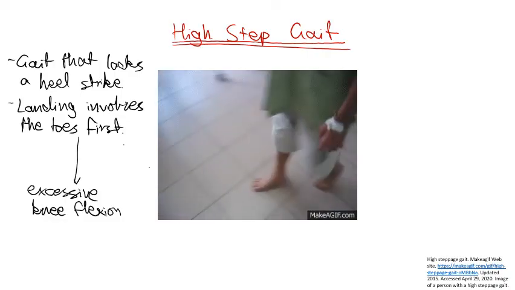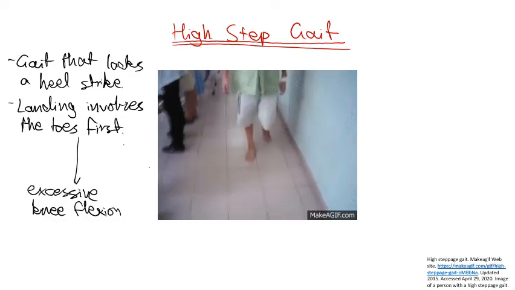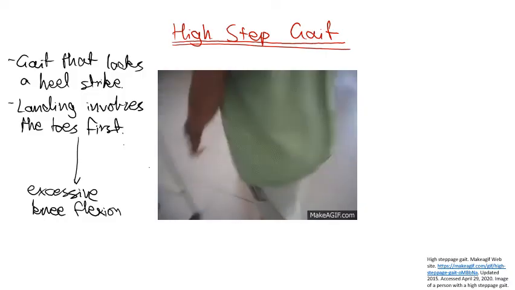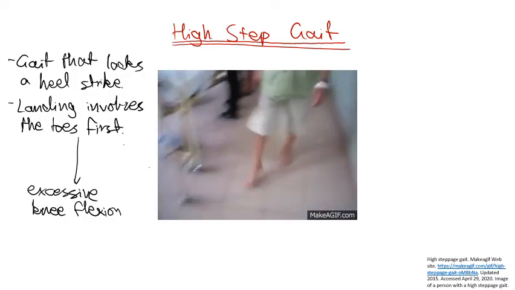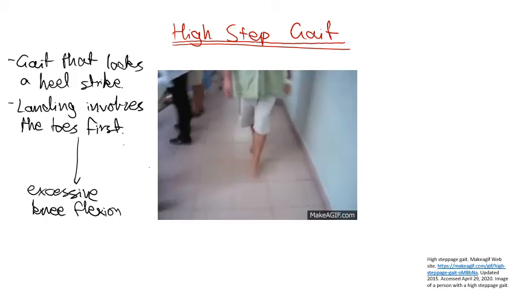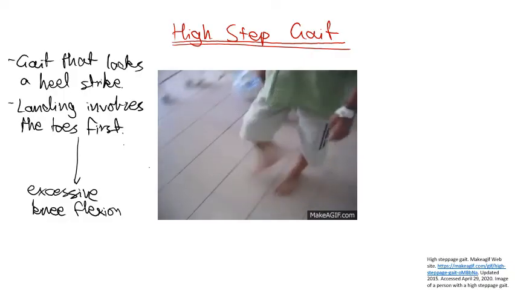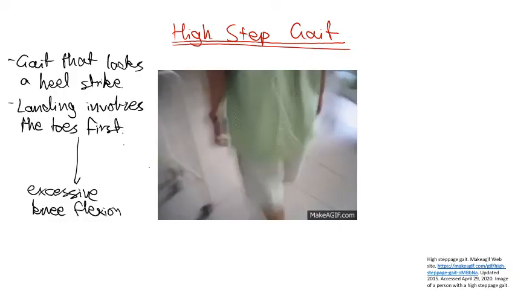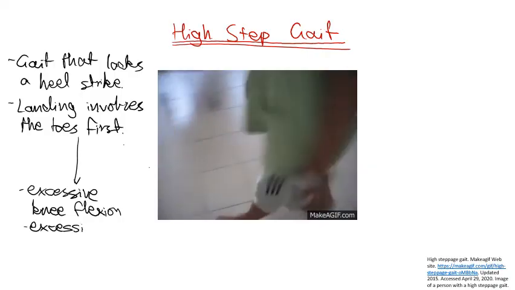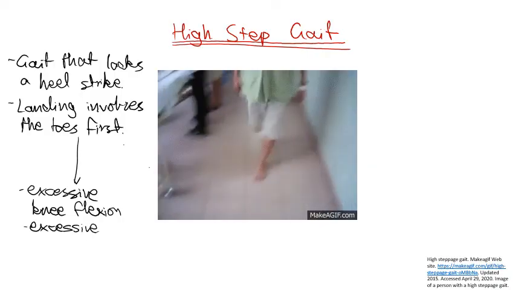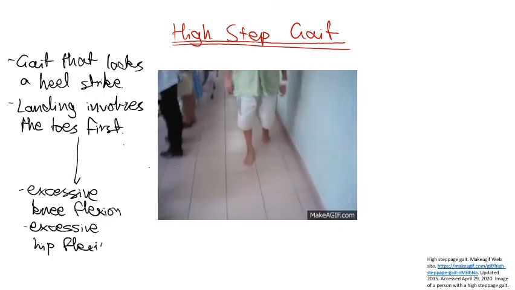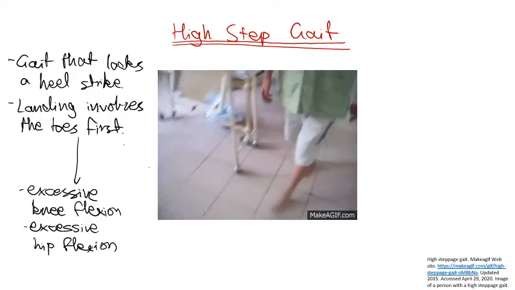In addition to that, possibly due to damage of some muscles in the leg, another compensatory measure is excessive flexion of the hip as well, to allow for a greater clearance of the ground. And this is what manifests as that high step gait, because the patient is attempting to lift their leg to a greater extent off the ground.